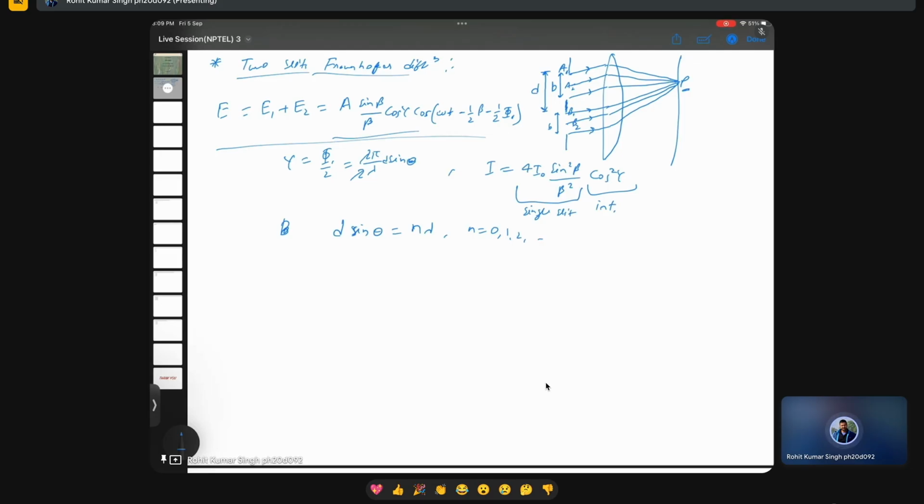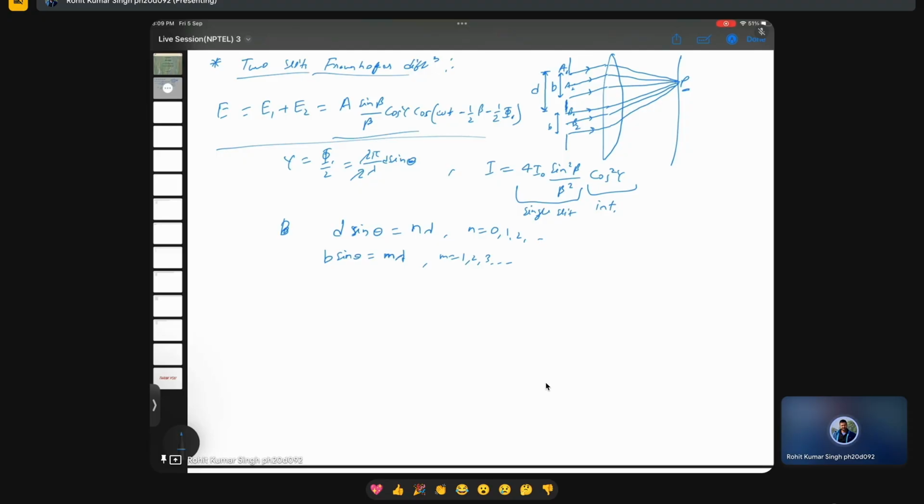And we know that the condition for diffraction minima is given by b sine theta equal to m lambda, where m is 1, 2, 3 and so on. Now here one interesting thing happens, as we discussed last time: when these two equations are simultaneously satisfied, there will be missing interference maxima.